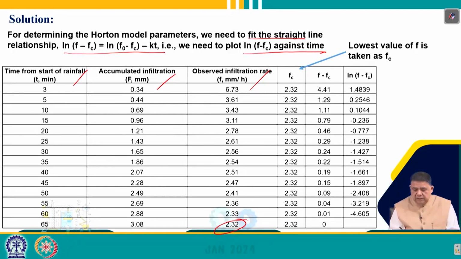So, fc equals 2.32, which is listed here. Fc is 2.32 throughout. Now we know f and we know fc, so we can calculate the value of f minus fc, and then take the logarithm. This is the value we need to plot against time.